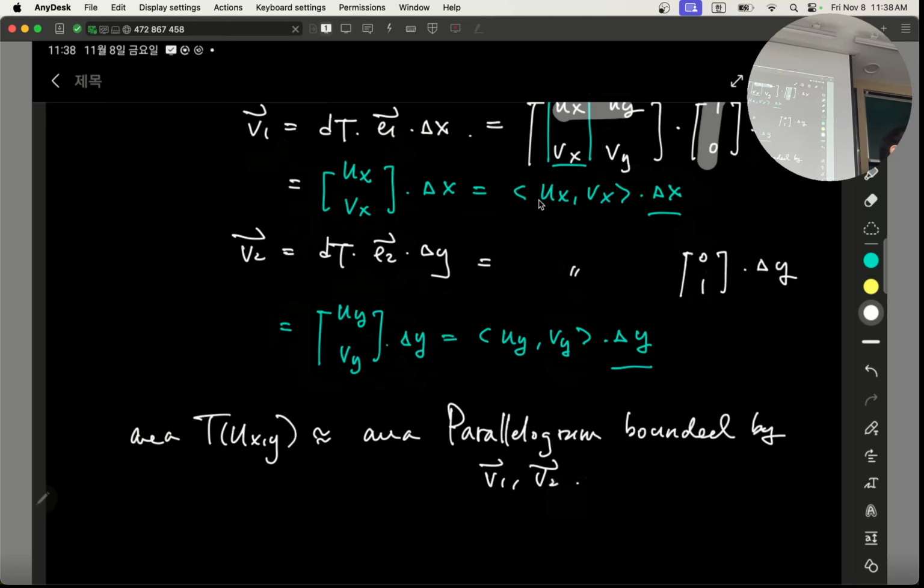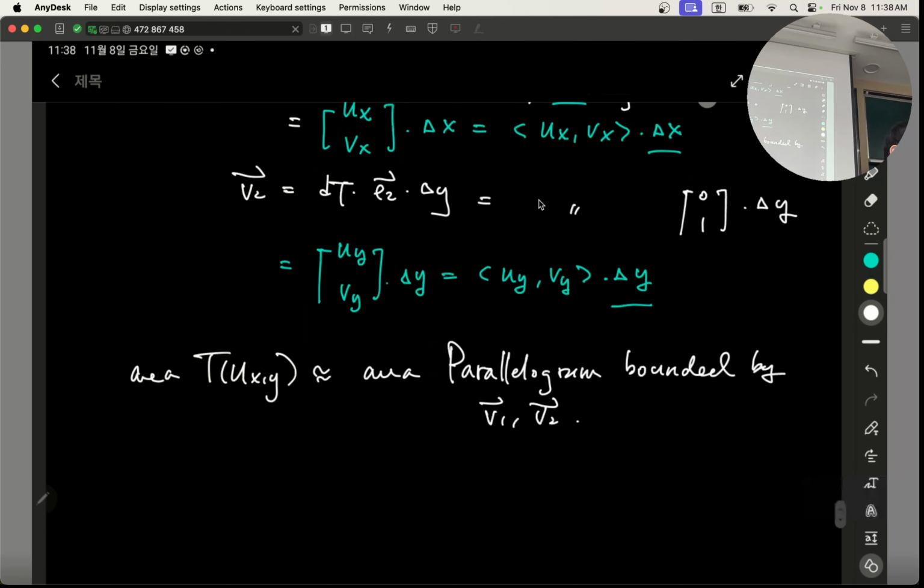So how do you get the area of the parallelogram of these two vectors? You simply take the two vectors as column or row vectors of a 2 by 2 matrix and compute the determinant. That's the area of the parallelogram, or rather the absolute value of the determinant.